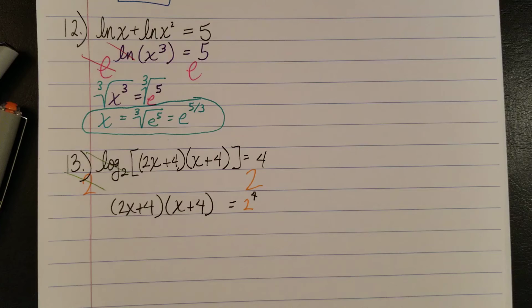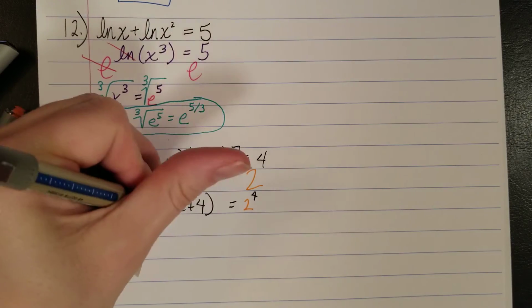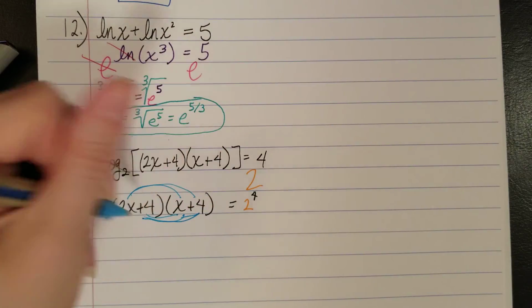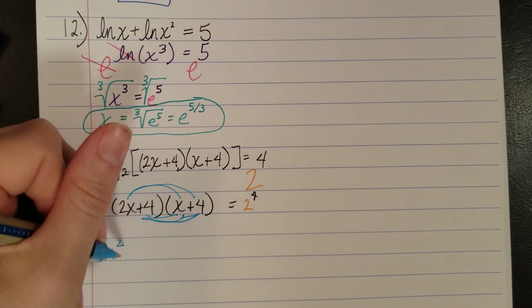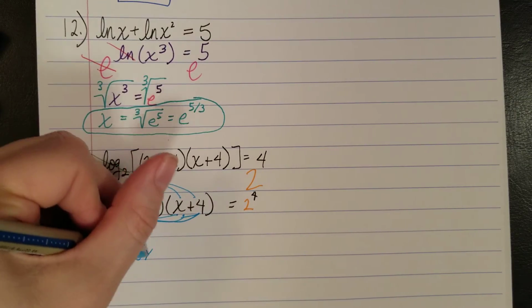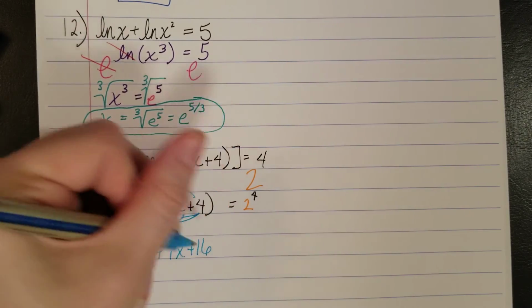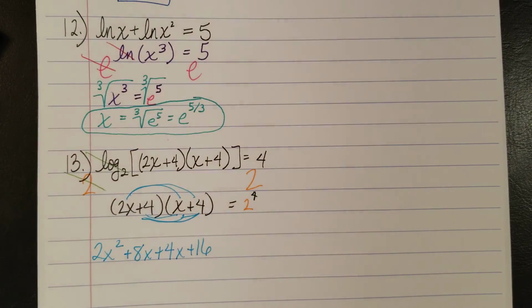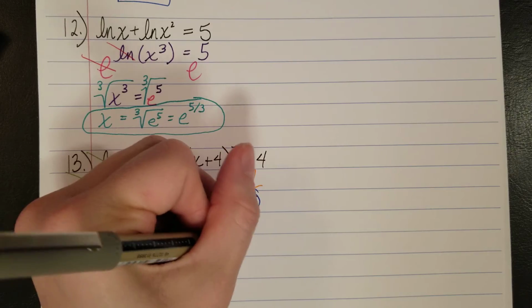So I'll go ahead and FOIL. When I FOIL, I'm going to have 2x squared plus 8x plus 4x plus 16 equals, and 2 to the 4th power is 16.